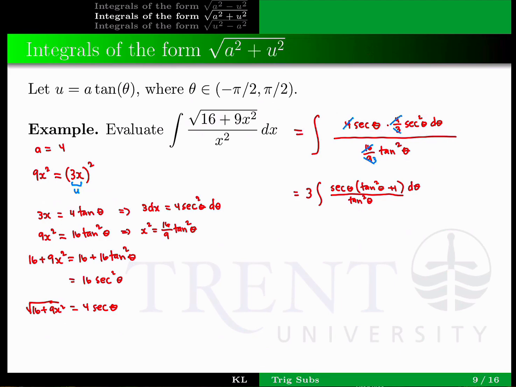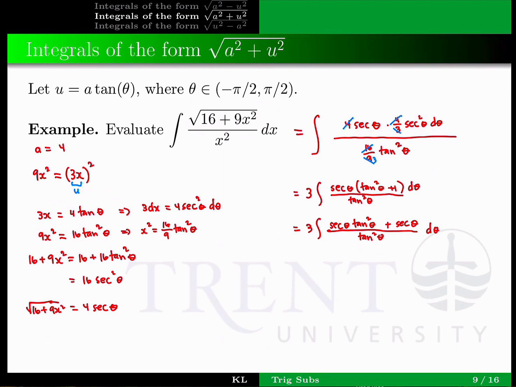Then we can distribute secant theta. We will have 3 times the integral of secant theta tangent squared theta plus secant theta, everything divided by tangent squared theta, and then we get the d theta.